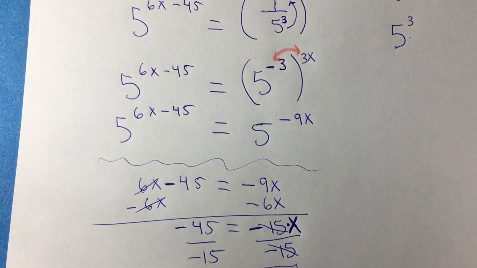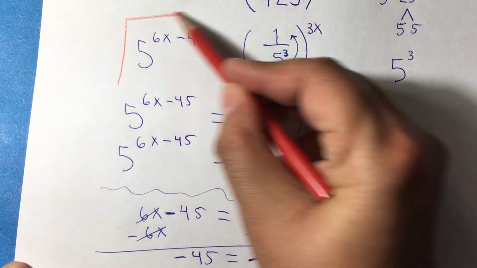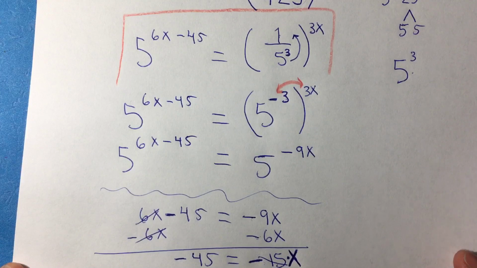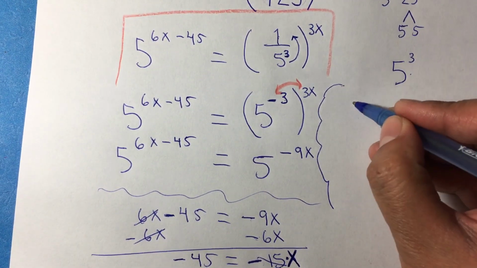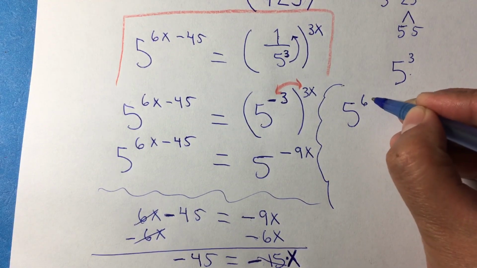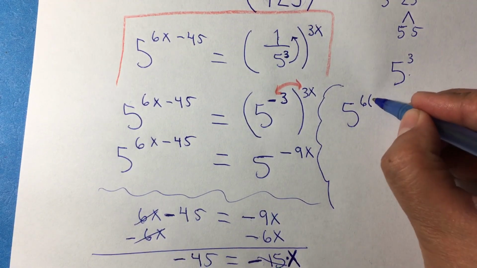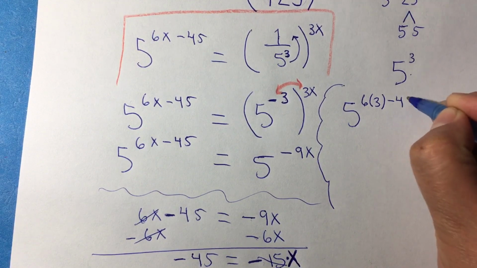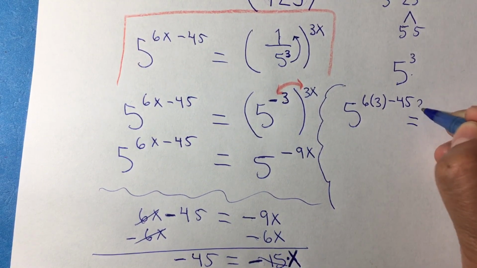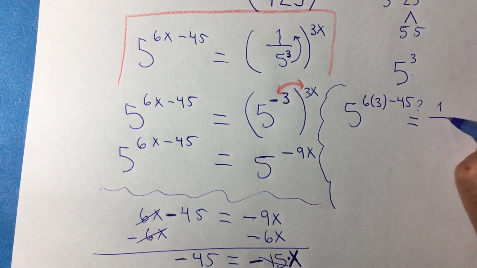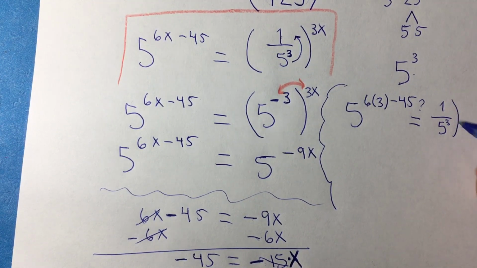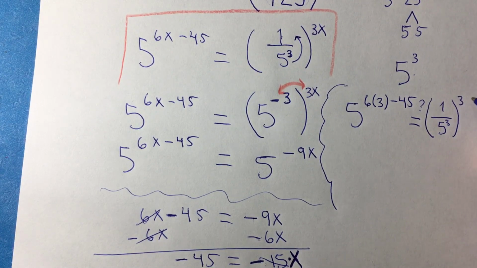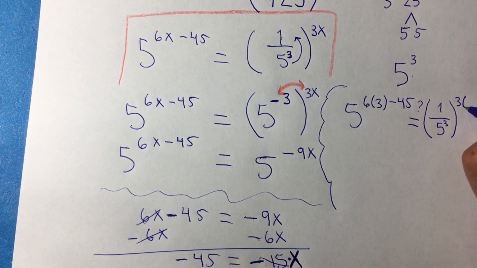We will need it for the checkup test. Remember that the checkup test is going to go right here. So we have 5 to the power of 6 times 3 minus 45. And then we say, is it equal to 1 over 5 cubed all to the 3 times x, but we know that x is 3.